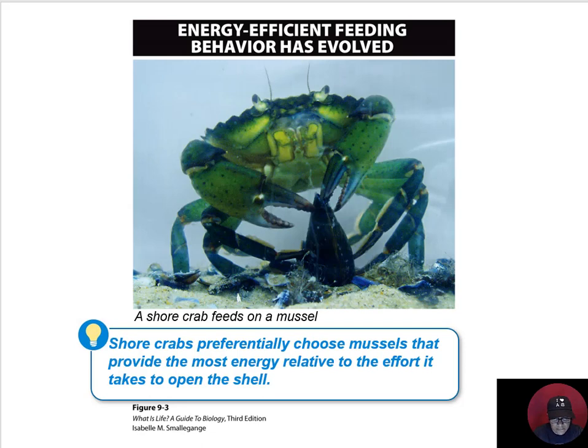So again, with behavior, here we can see this crab has evolved this energy efficient feeding behavior. And so these shore crabs, they feed on mussels, but they have this preference to choose mussels that provide the most energy relative to the effort it takes to open the shell. So they're going to choose the largest mussel, right?